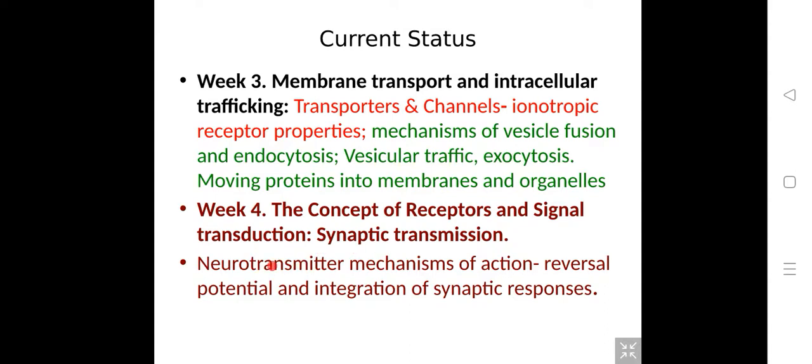And in the synapse, the neurotransmitter is the one that is responsible for action, and this is by reversing the potential. Remember, we said the membrane potential is at the resting phase until it is activated by neurotransmitter, and how these are integrated so that you get responses.